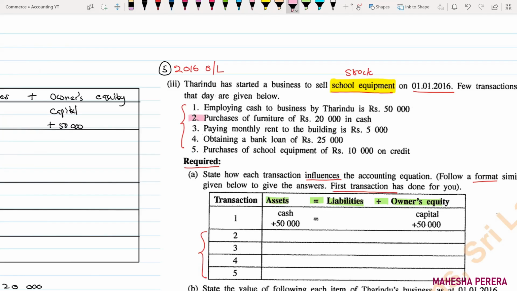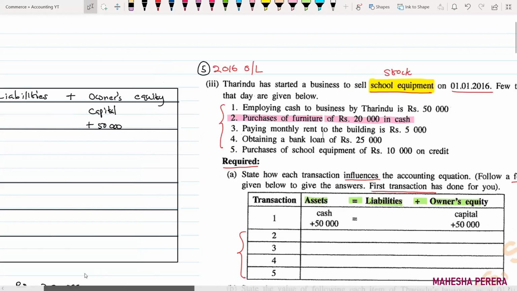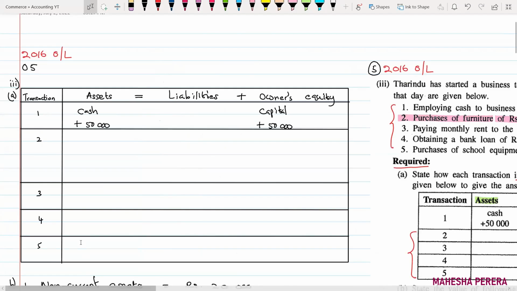Right. Purchases of furniture of 20,000 rupees in cash. So what are the 2 impacts? Now you need to write in the similar way that they have written, right? They normally write the item name first and below they write the change of the value.